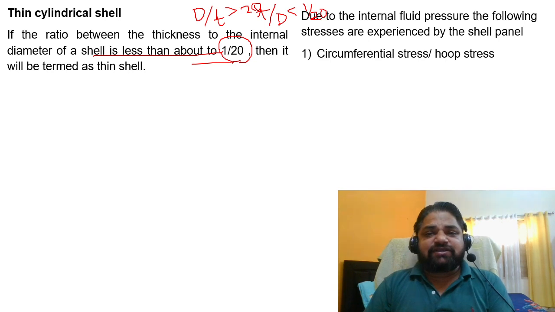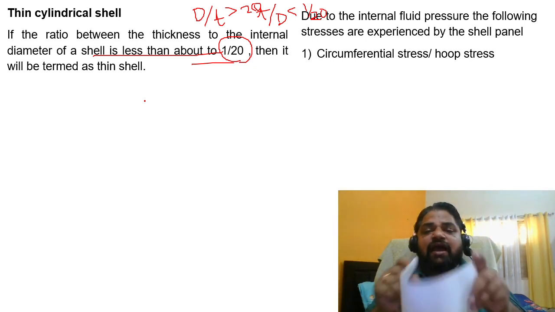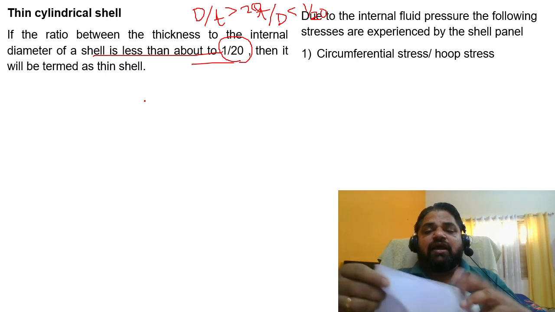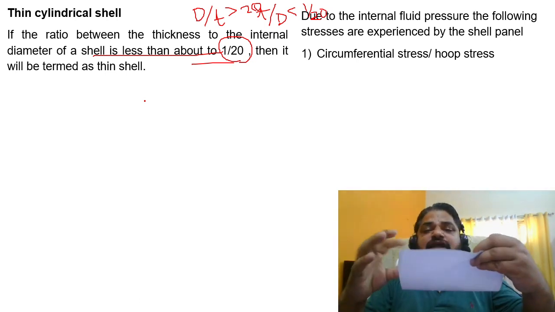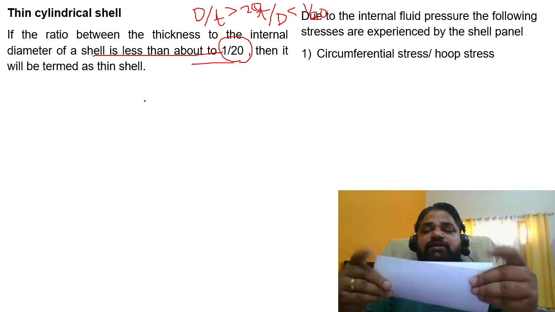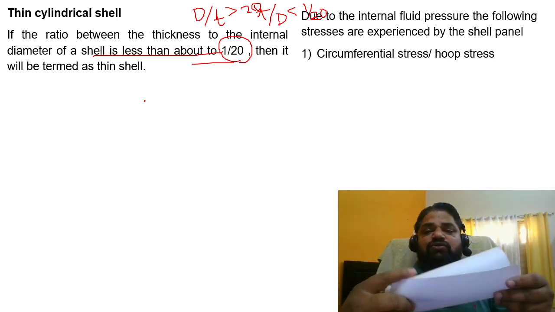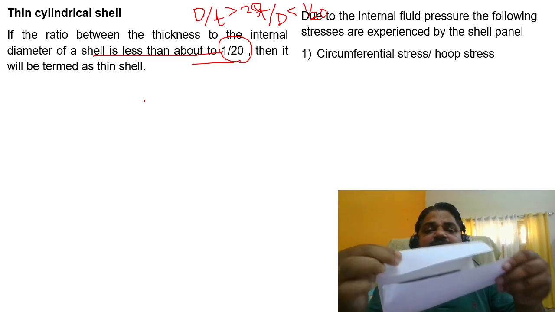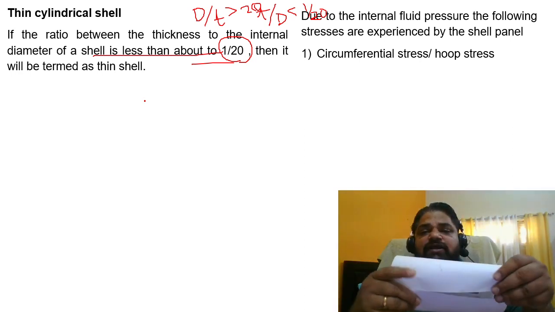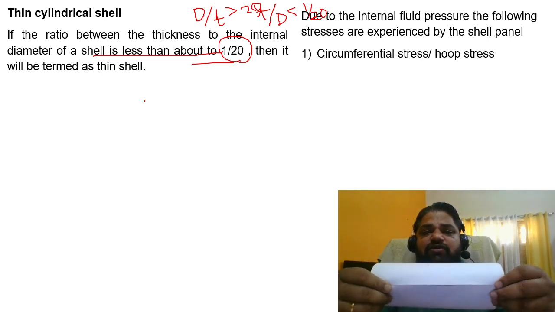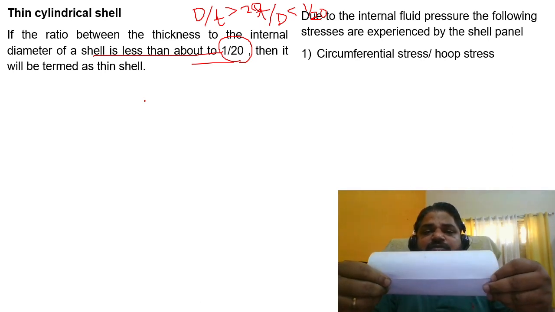One is circumferential stress or hoop stress. Circumferential stress means, when I initially talked about a plane of paper, I turned the plane of paper into another shell geometry. So it creates the circumference. I can join from here to here, and this is nothing but the circumference; this is one kind of circumferential joint.